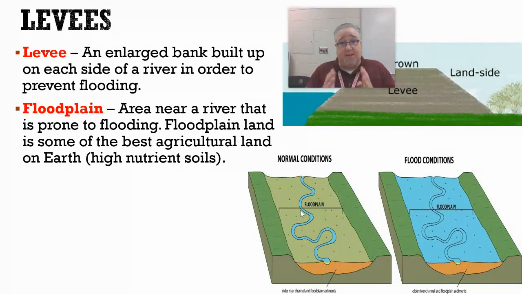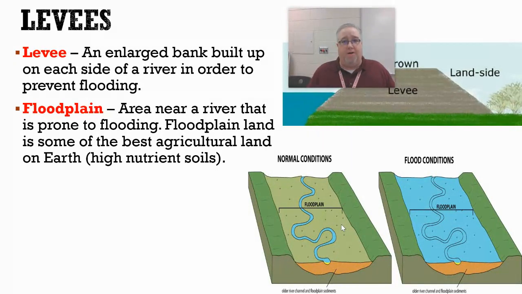A floodplain is basically the land that is near or adjacent to a river, where, if that river were to overflow, that floodplain land would be flooded.